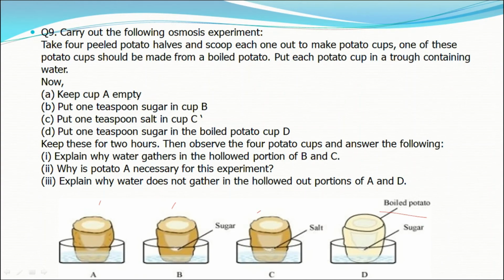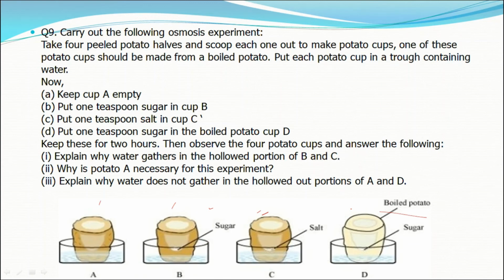Now keep cup A empty. Then put 1 teaspoon sugar in cup B. Then in cup C, put 1 teaspoon salt, and in the boiled potato cup, you have to put 1 teaspoon of sugar. Keep these for 2 hours, then observe the 4 potato cups and answer the following.